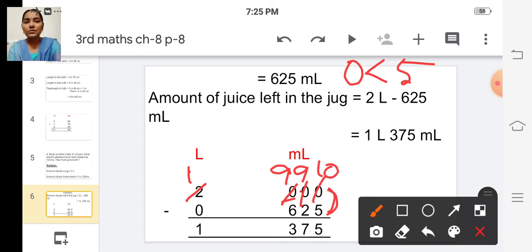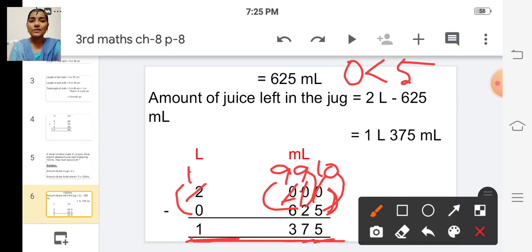So now 10 minus 5 is 5, and 9 minus 2 is 7, and 9 minus 6 is 3, and here 1 minus 0 is 1. So what is the amount of juice left? It is 1 liter and 375 milliliter.